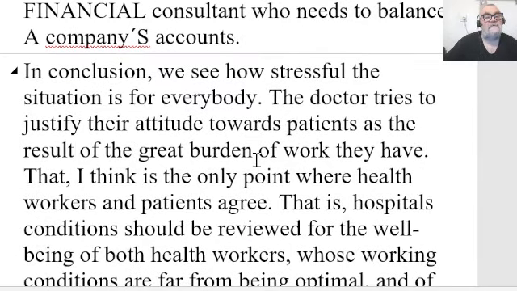In conclusion, we see how stressful the situation is for everybody.